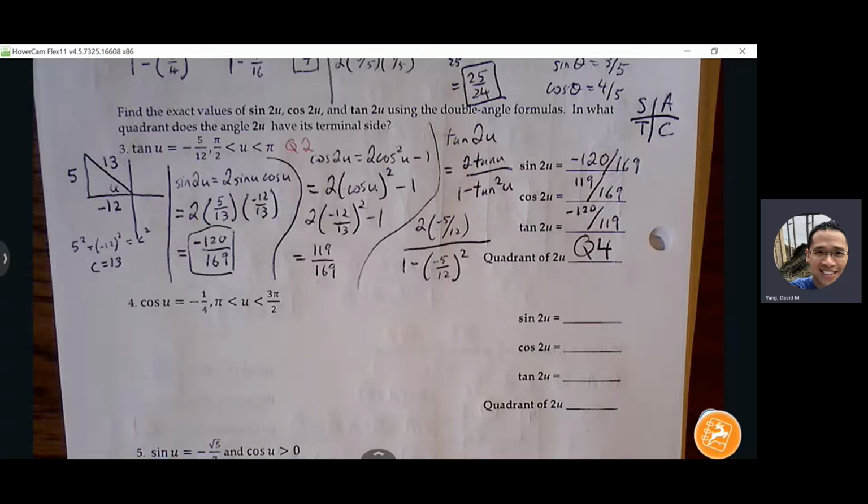Okay, so can you guys try number 4? I just want to see your progress before I show my steps with you. If you did not bring your calculator, it's okay. You can still get to the point right before you enter the calculator by hand.